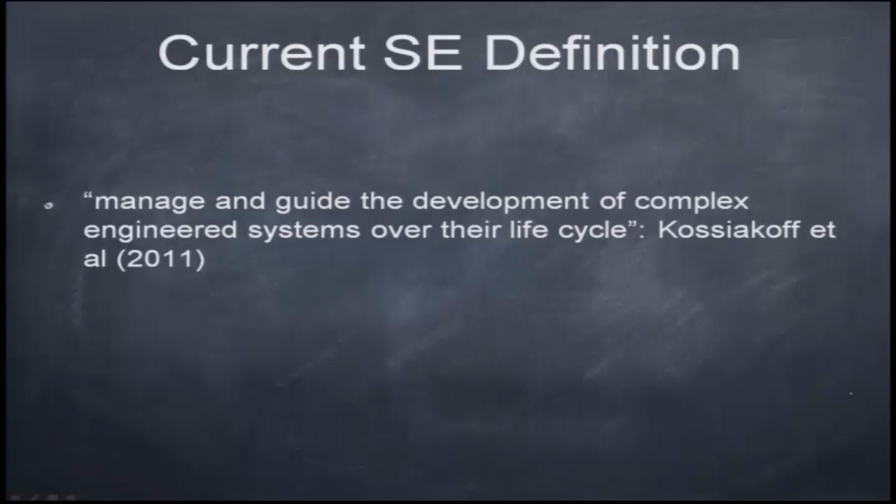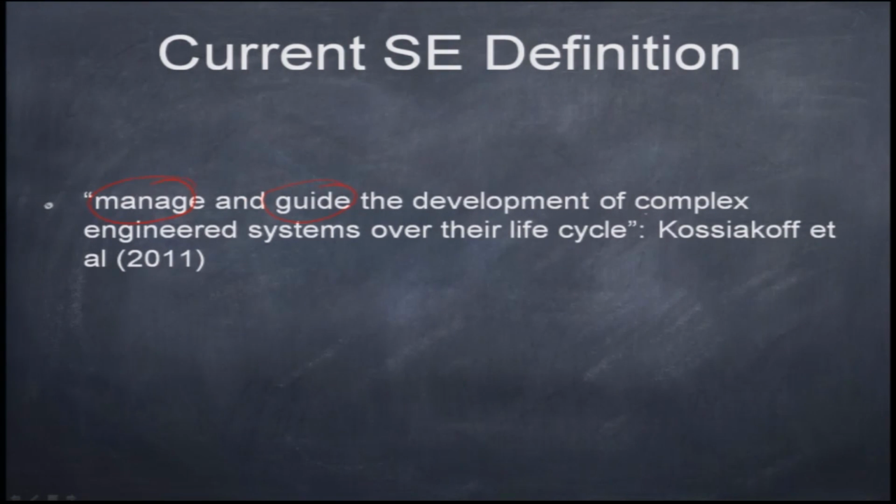Now, with this we move to what you call the current systems engineering definition. To a large extent, Kossiakoff and others in 2011 have provided this definition, which is a much simpler definition. It is to manage and guide the development of complex engineered systems over their life cycle.